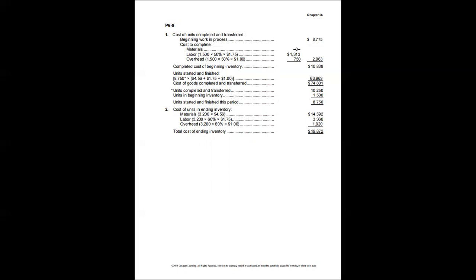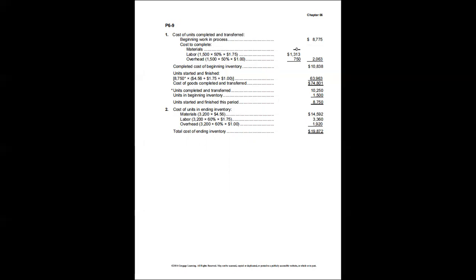The cost to complete materials is already 0 because here we have the materials cost per equivalent pound of 4.56 and the cost per equivalent pound during the month. 10,250 pounds were completed and transferred to finished goods.